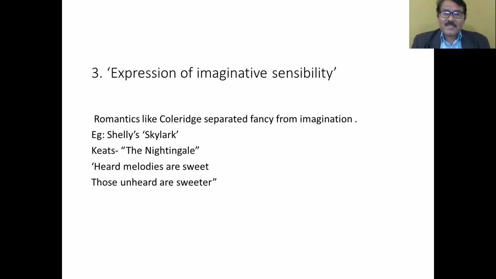The next characteristic is high imagination, the expression of imaginative sensibility. It is dominated by strong imagination. Imagination is the core characteristic of romantic literature. Romantics like Coleridge separated fancy from imagination.